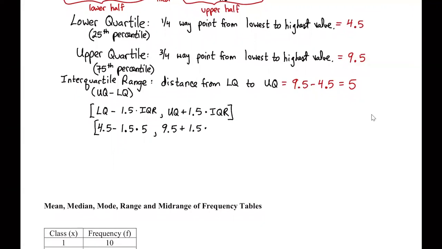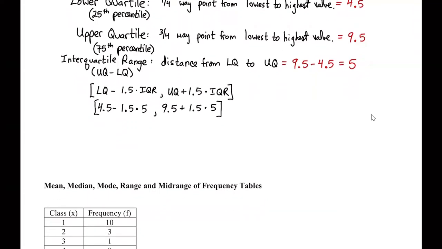IQR again is 5, so it's the same IQR. All right. The brackets, the comma, they're all going to stay put, because what we're going to end up with here is an interval of values. And I'll explain what that interval represents in a minute.